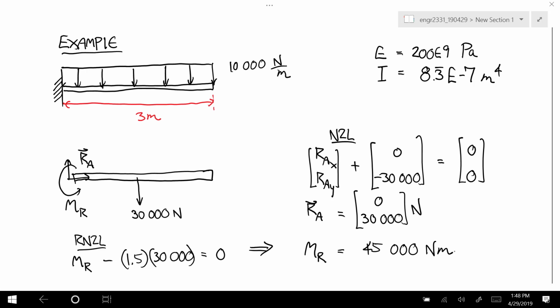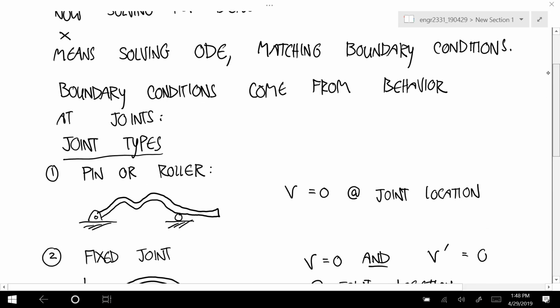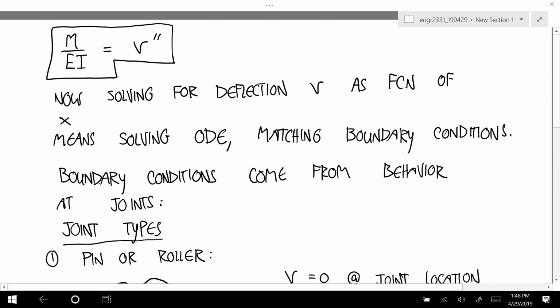Okay, so I guess I'll finish this next time. But now that we have the external loads, we're going to do our one cut to come up with the bending moment. And then we're going to use this relationship. So whatever function we get for the bending moment divided by those two constants is going to be equal to our function double prime.